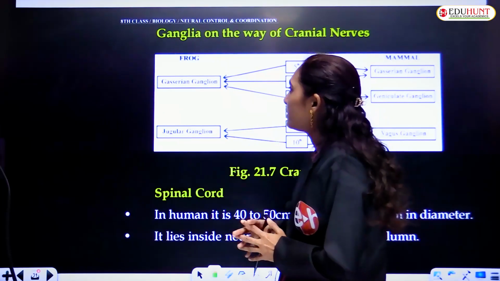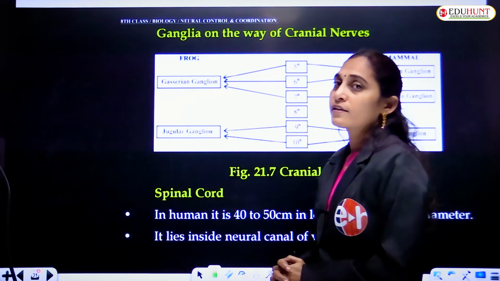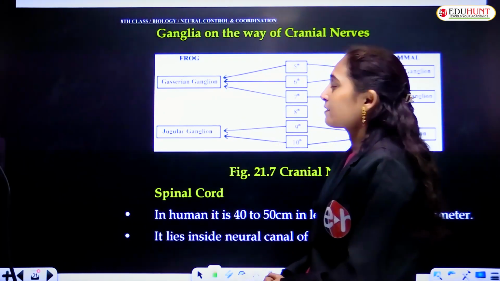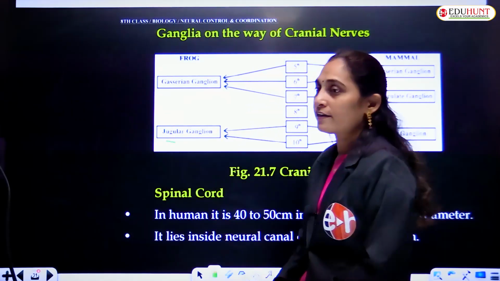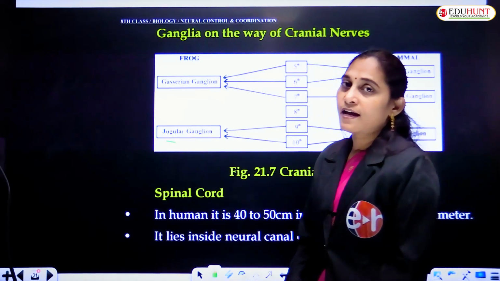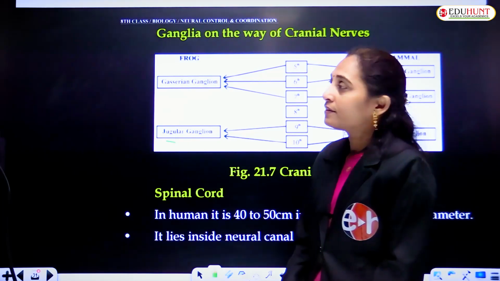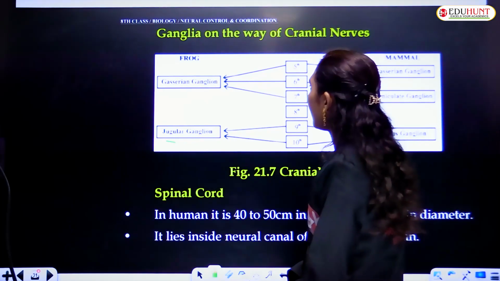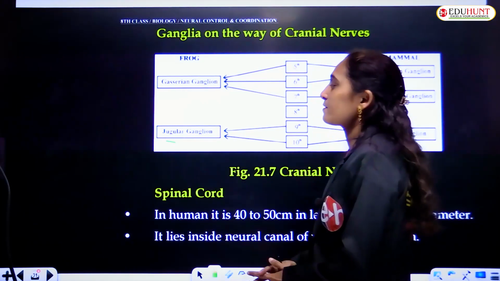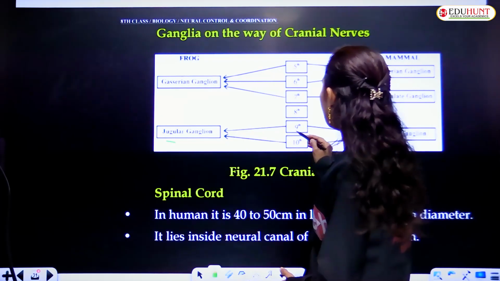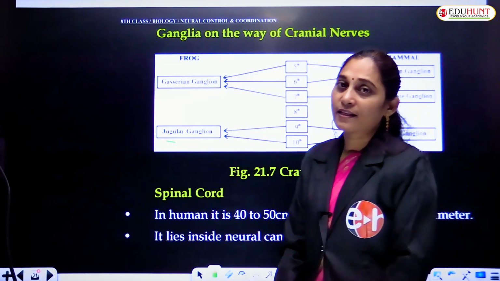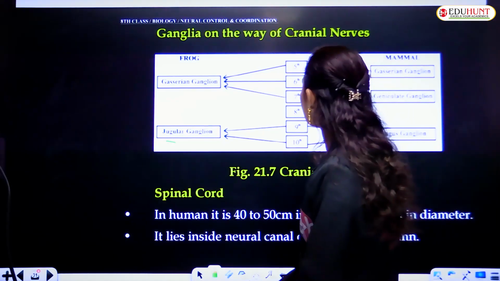In frog, the ganglia are of two types: the Gasserian ganglion and the jugular ganglion. Gasserian ganglion is formed by the 5th, 6th and 7th nerves, but the jugular ganglion is formed by the 9th and 10th.